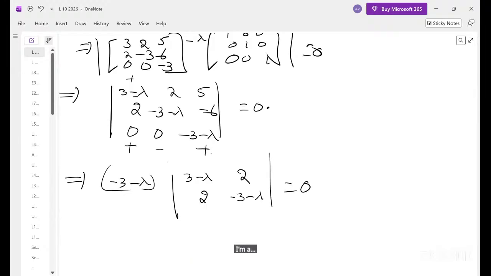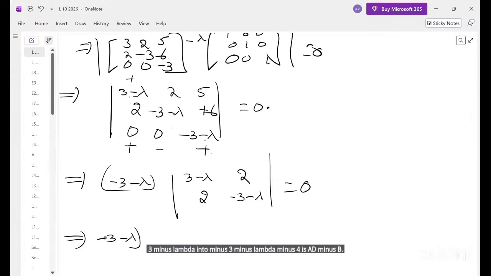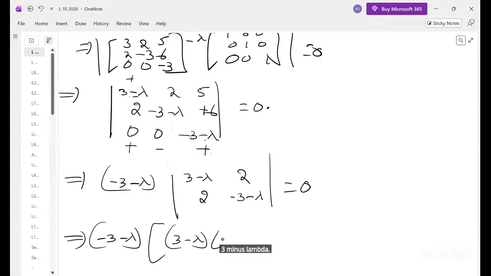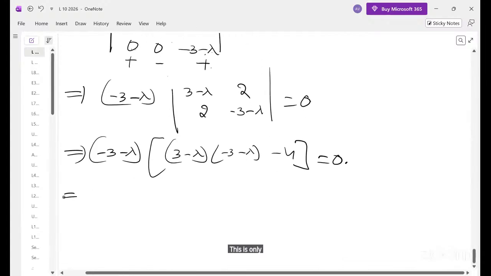Second row, third element is only 6, not minus 6, anyway it does not affect our value. This into (3 minus lambda)(minus 3 minus lambda) minus 4, which is AD minus BC. So the remaining will be zeros. This is the characteristic equation. We have to solve it.